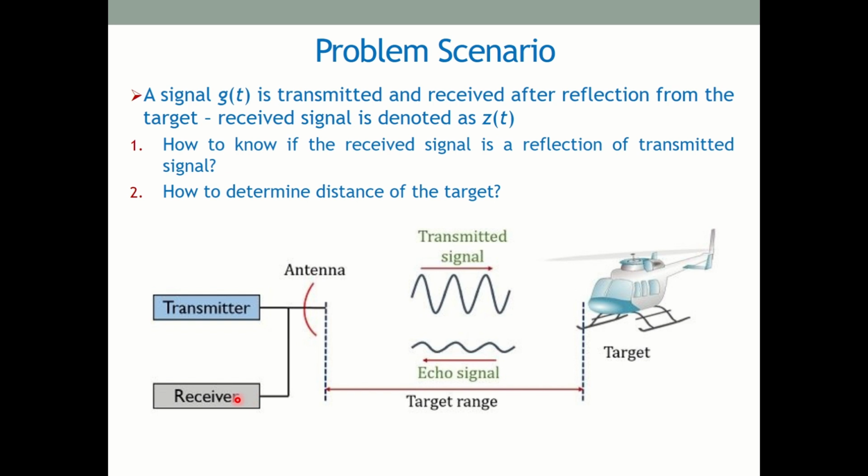So now our aim is, how do we know that the received signal is a reflection of the transmitted signal, because there can be many signals received at the receiver from different sources. And the second thing is how to determine the distance of the target. So with this background, we'll see how correlation helps us in solving this problem.